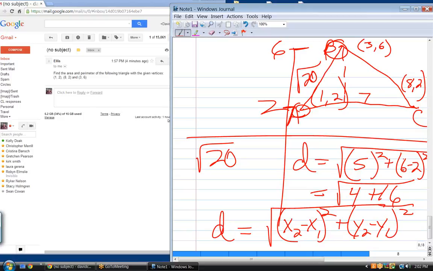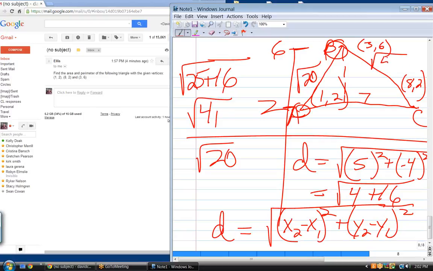Very good. And notice that when you square it, it doesn't matter whether it's positive or negative. So it's the square root of 25 plus 16, the square root of 41. So that's that distance.